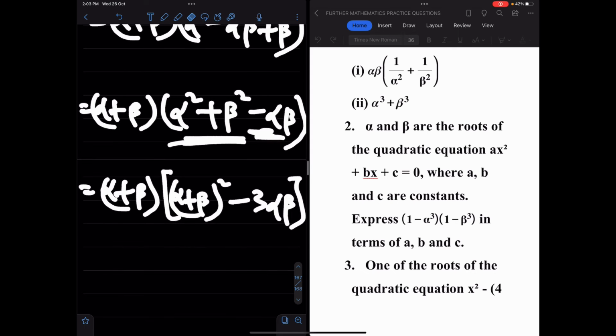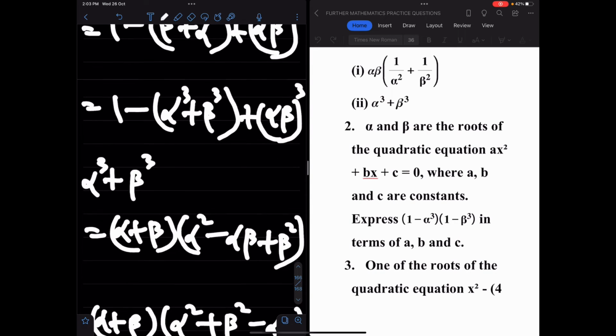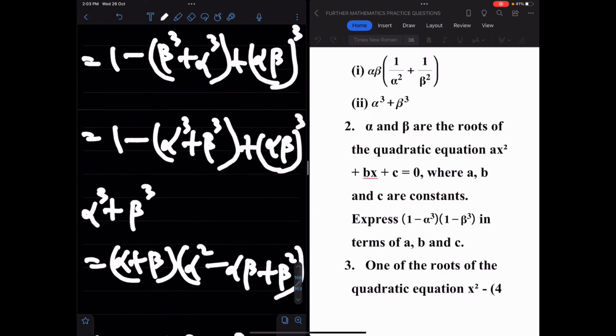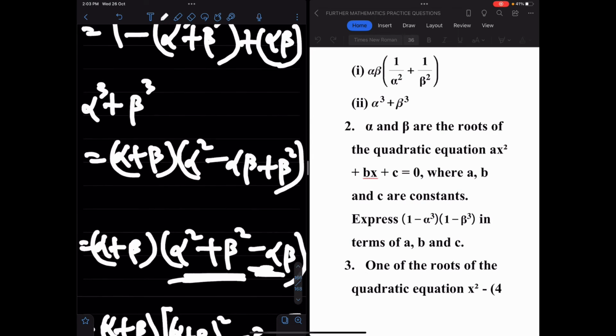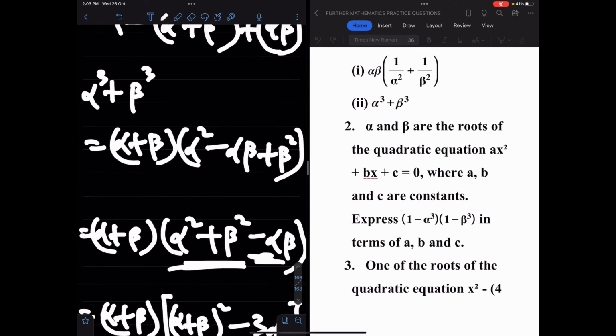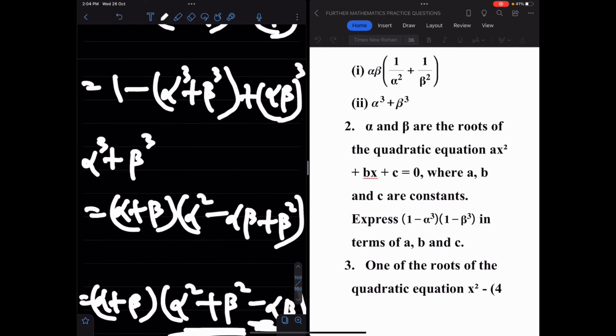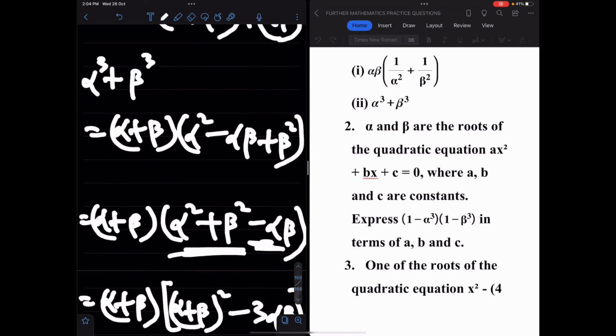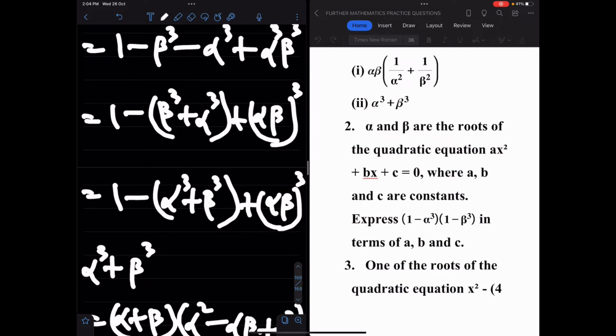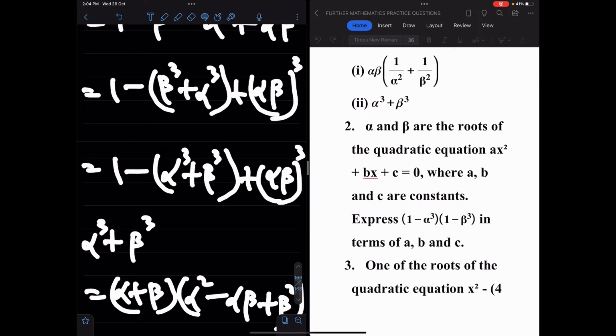So that simply means 1 minus, okay, I think I can now continue. 1 minus alpha cubed into bracket 1 minus beta cubed, which gave us 1 minus alpha plus beta all cubed. That gave us this.